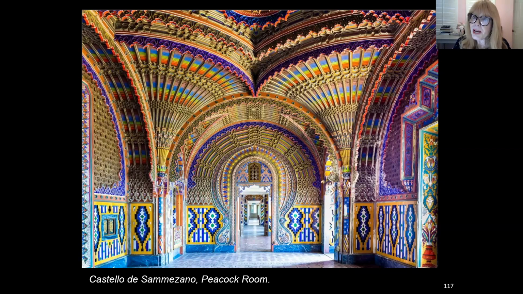So it's been called a mix of Moorish with Byzantine. And then also it's been related to Indian design from India and Chinese design as well. And this used all local craftsmen.